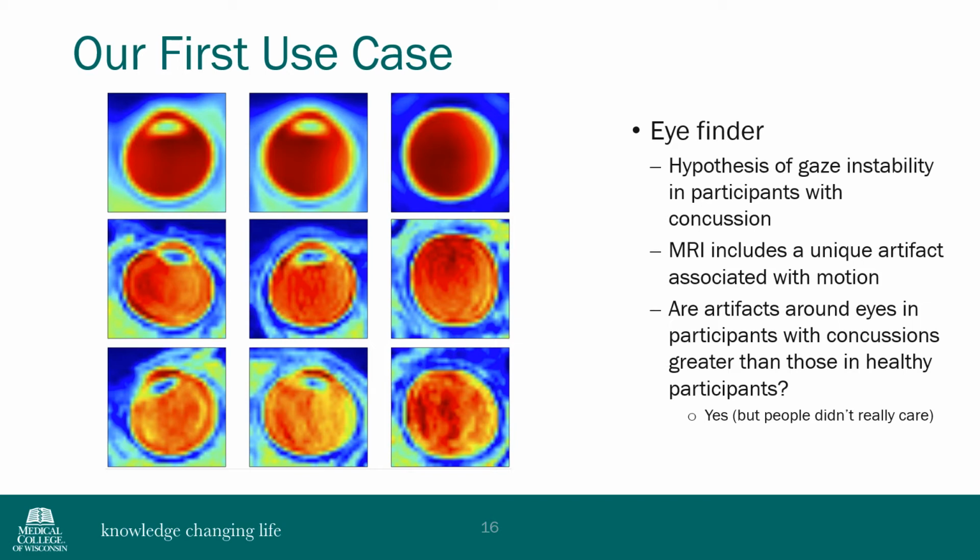The underlying science was that we had a hypothesis that there was a gaze instability in participants with concussion, and that gaze instability could show up as artifacts from the motion of the eyes during those long T2 weighted acquisitions. So the question became, are artifacts around the eyes in concussed participants greater than those in healthy participants?